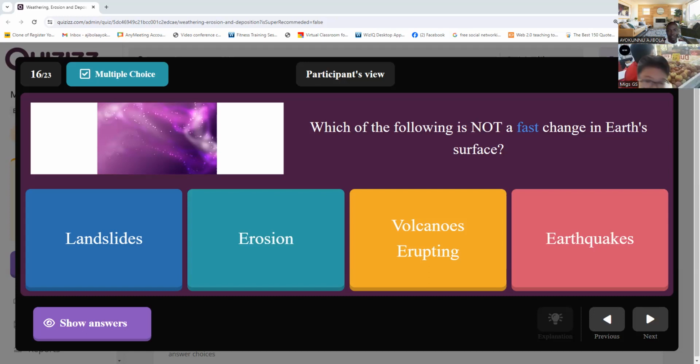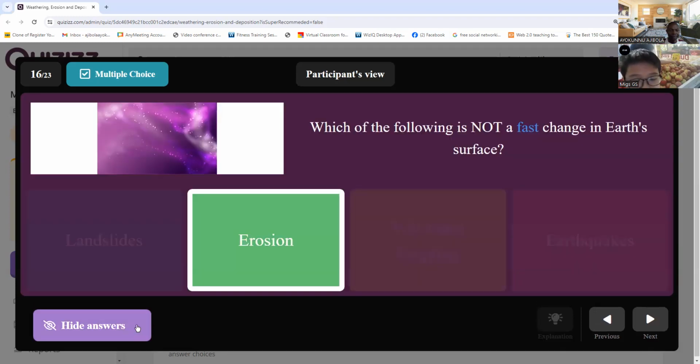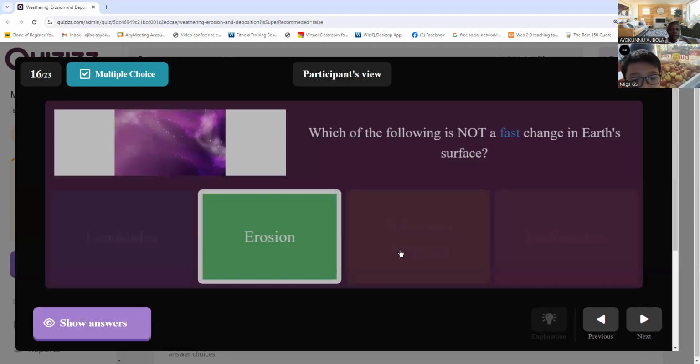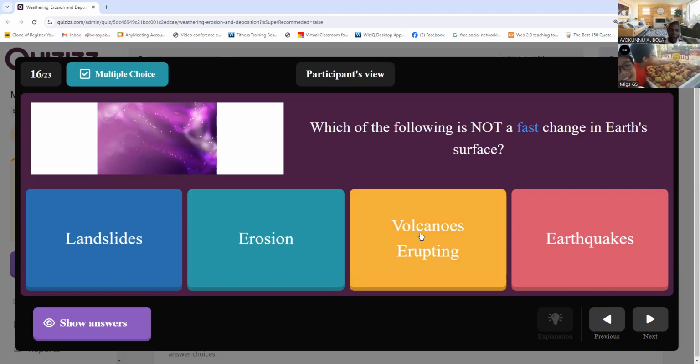So the answer is erosion. Volcanic eruptions can be slow and can be fast, but erosion is often slow, so it's not a fast change in Earth's surface.